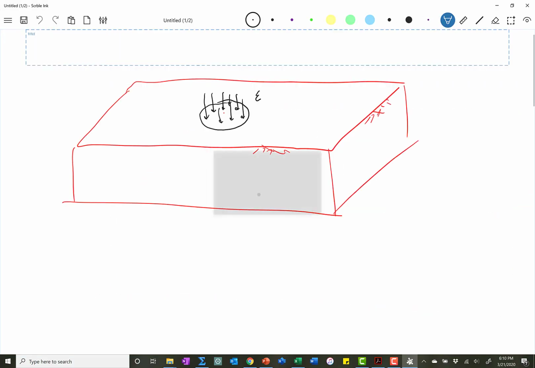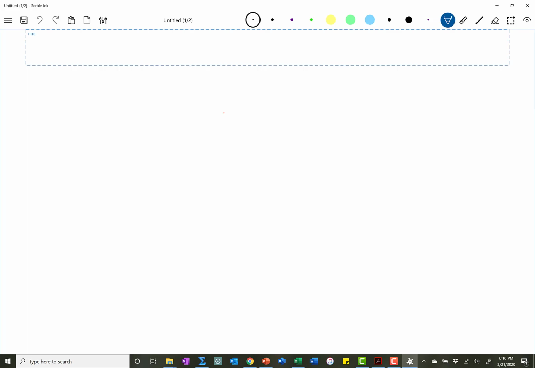If I were to plot this, where now I have strain on the x-axis and stress, I'll just put P prime, on the y-axis, for all of my points I would get a curve that would look something like this.